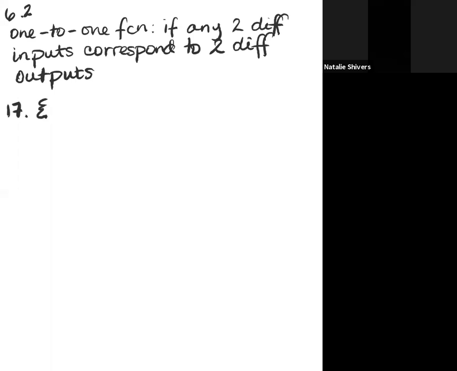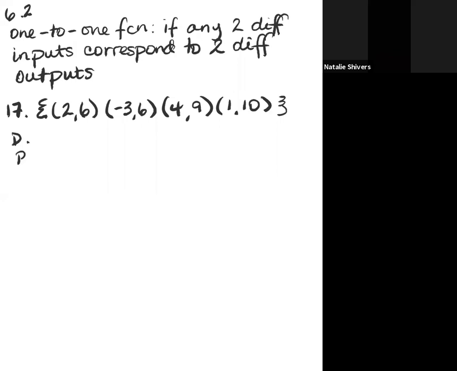So here's my set: (2, 6), (-3, 6), (4, 9), and (1, 10). So I can still write domain and range for this. So domain 2, -3, 4, and 1.